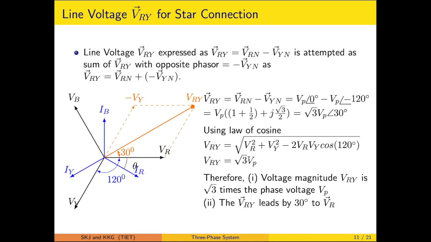Now, as one particular voltage is to be demonstrated, there are three voltages: VR, VY, and VB. This also represents the line currents, but for the time being please keep them aside, or simply consider that the respective phase current maintains the same power factor angle theta, decided by the impedance angle.